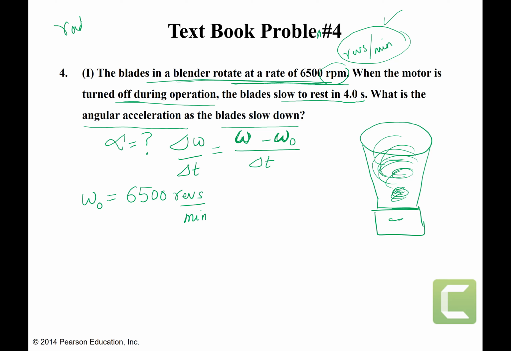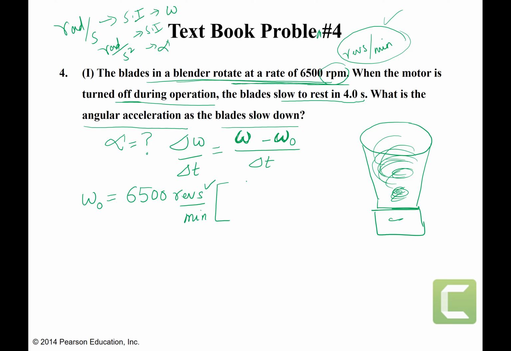Radians per second is the official SI unit for angular velocity, and radians per second squared is the official SI unit for angular acceleration. I forgot to mention it there, but now I have to convert it to radians per second. So that means the revs need to be converted to radians, and minutes need to be converted to seconds.